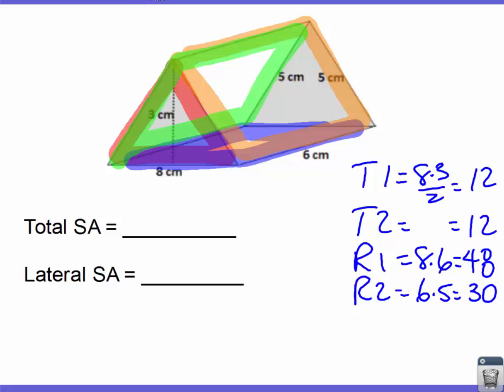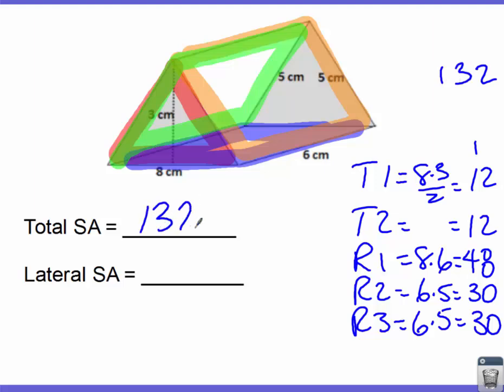That rectangle is also a 6 by 5, which will give me 30. So now I found all the faces, so I just have to add those together. So we get 8, 9, 10, 11, 12, carry the 1, and then 6, 7, 8, 9, 10, 11, 12, 13. So for our total surface area, we end up with 132 centimeters squared.